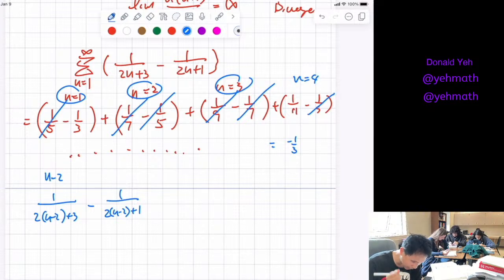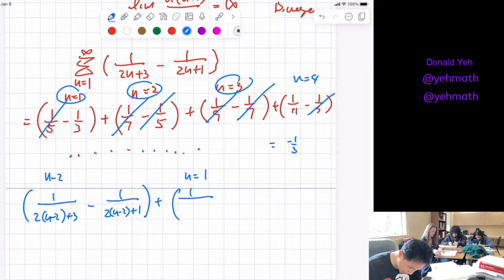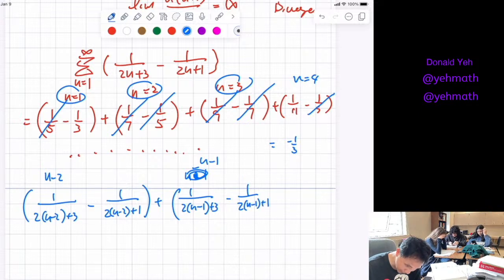Obviously, you don't need to do this. I'm just showing you what happens. What happens if n minus 1? It's 1 over (2(n minus 1) plus 3) minus 1 over (2(n minus 1) plus 1).